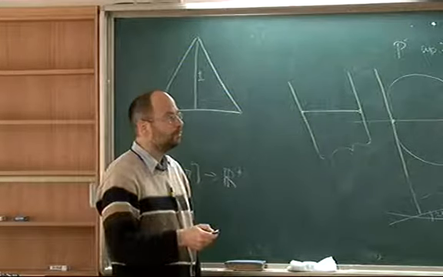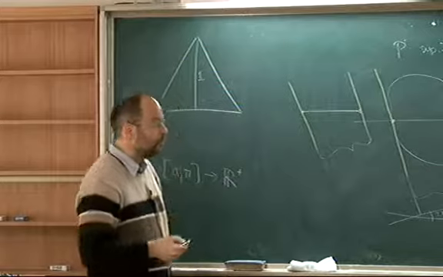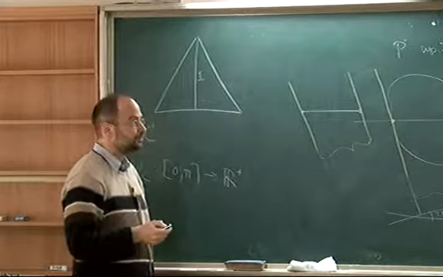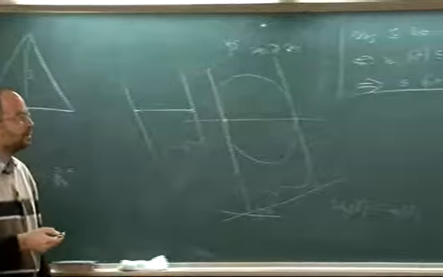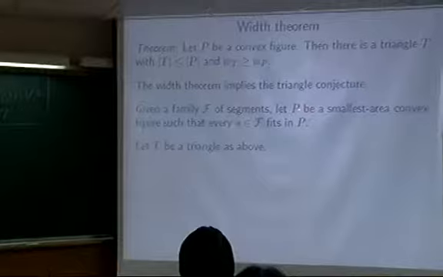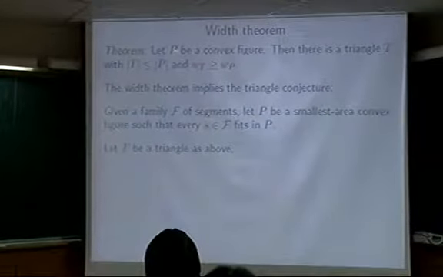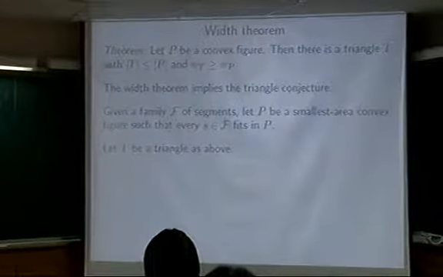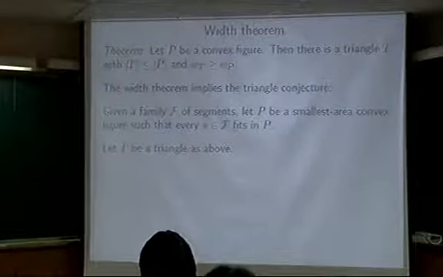There is a whole literature where they do this. I think it's called the Kneser compactness argument. And then, right, so I pick this convex figure here. Now I use my width theorem, which says that for this convex figure, there is a triangle whose area is at most the area of P, and whose width function dominates the width function of this P.